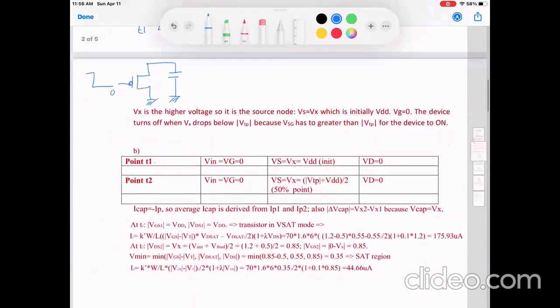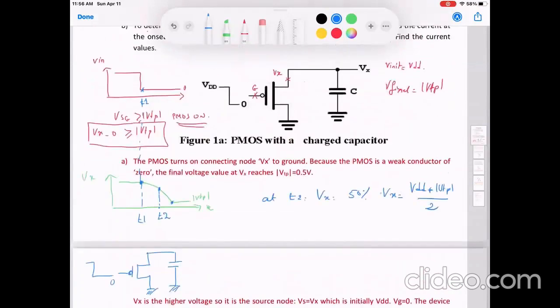Okay, so therefore at time point T1, Vn is equal to 0 and Vx is equal to VDD, and at T2, Vn is 0, the PMOS is still active, and Vx is the 50% value, which is VDD plus magnitude of VTP over 2.